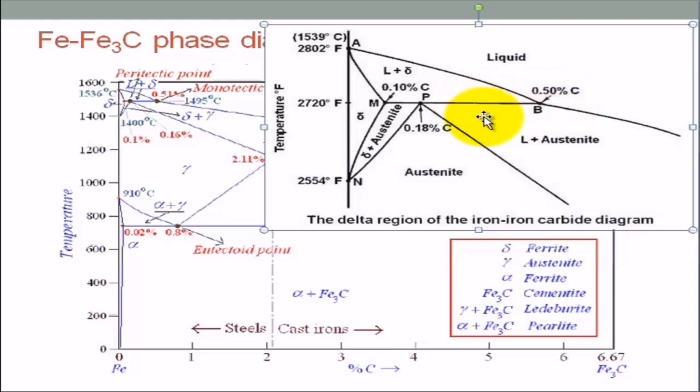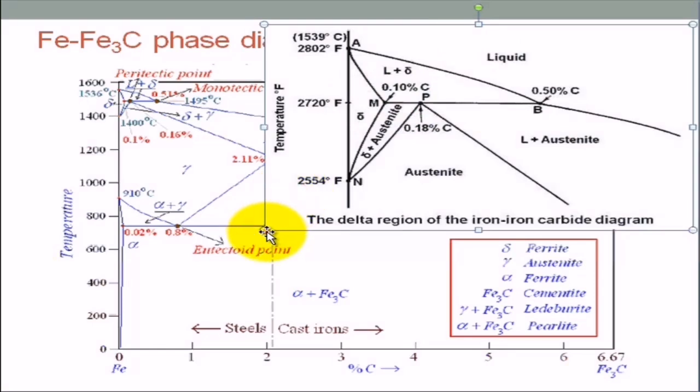The allotropic change begins and ends at a constant temperature, 1495 degrees centigrade. Any alloy containing more than 0.5 weight percentage of carbon will solidify to austenite directly. The delta solid solution and the allotropic change will be completely bypassed.